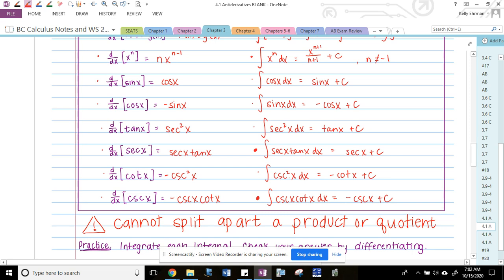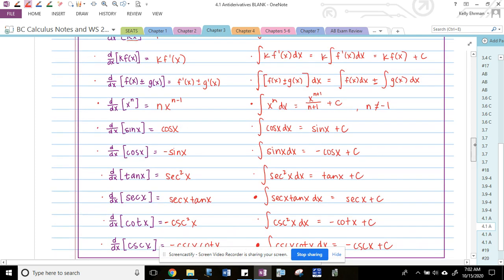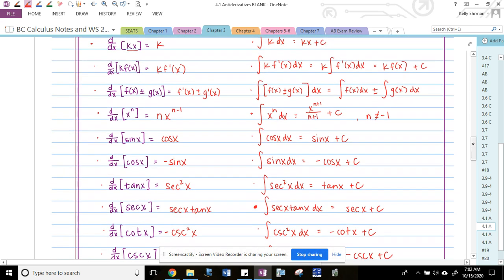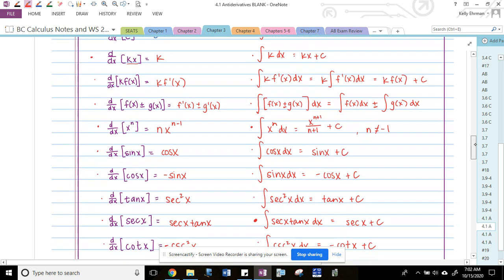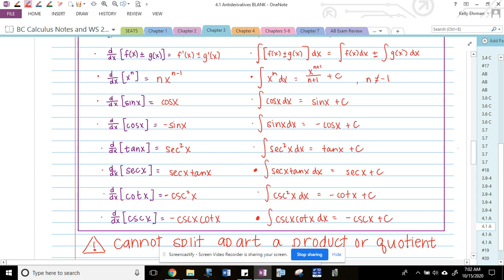You can't break cosecant squared x dx into the integral of cosecant times the integral of cosecant, because you wouldn't get the same answer. If you did that, you'd have something like cosecant squared x, cotangent squared x as your answer, and that's not really going to work. All right, so we are allowed to split up addition and subtraction. You can take the integral of each term, but multiplication or division, which we don't have examples of, will not be split up into an integral times an integral.